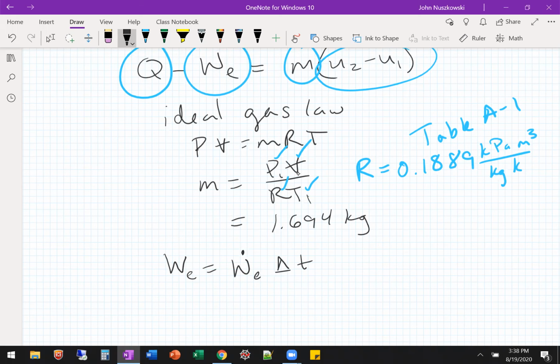That gives us the equation for the electric work, because we have the power and we have delta T.